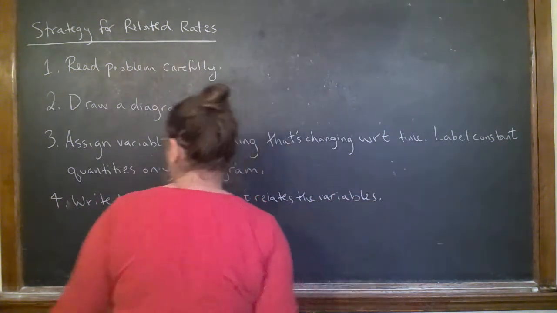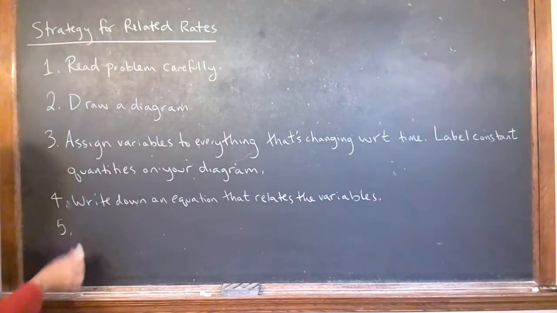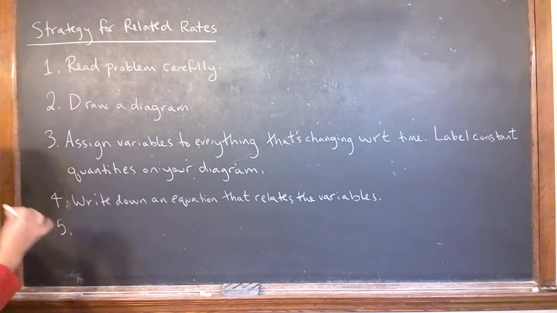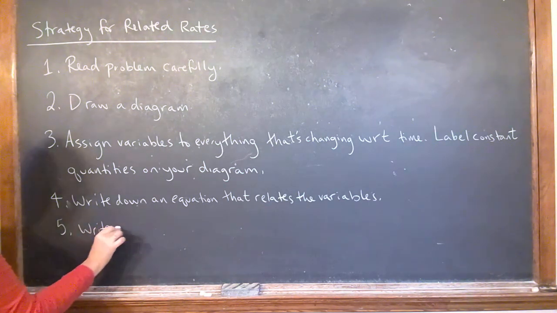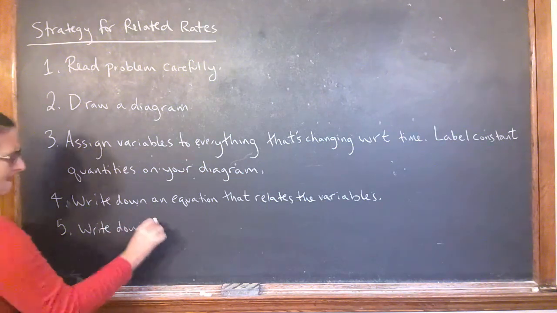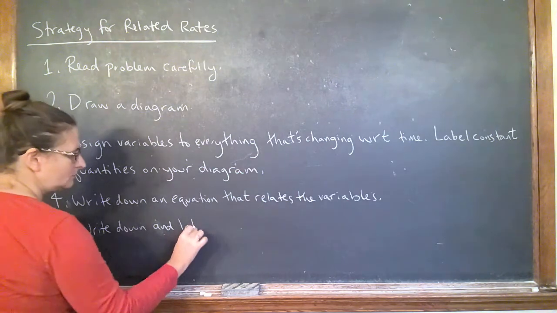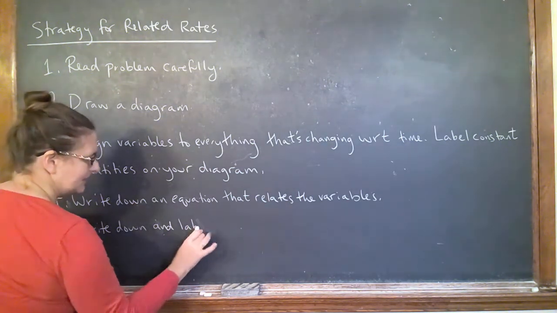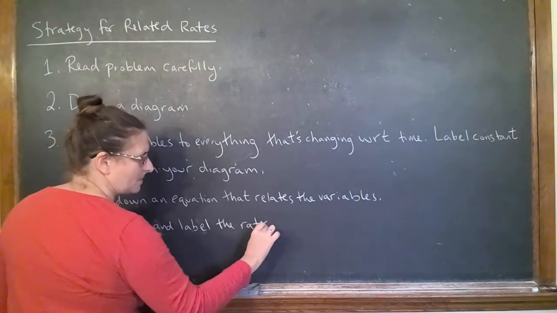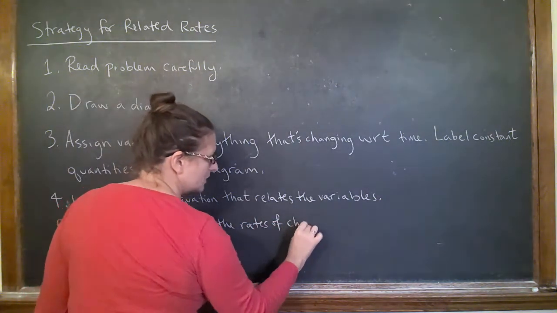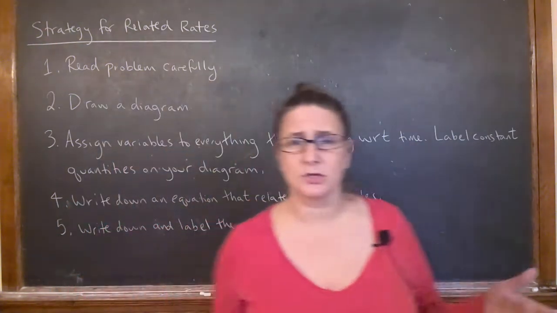The other thing I do like to do is write down the rates. I think you saw me do that. Label the rates of change, just because it helps keep everything straight.